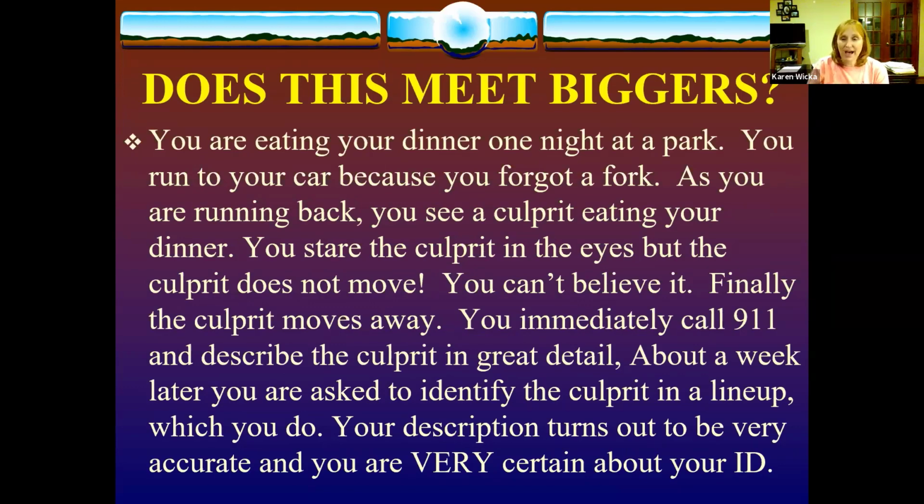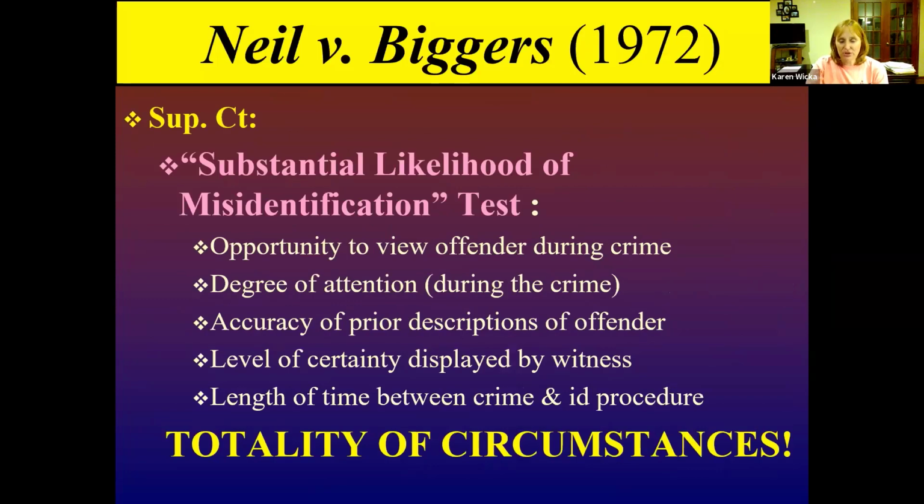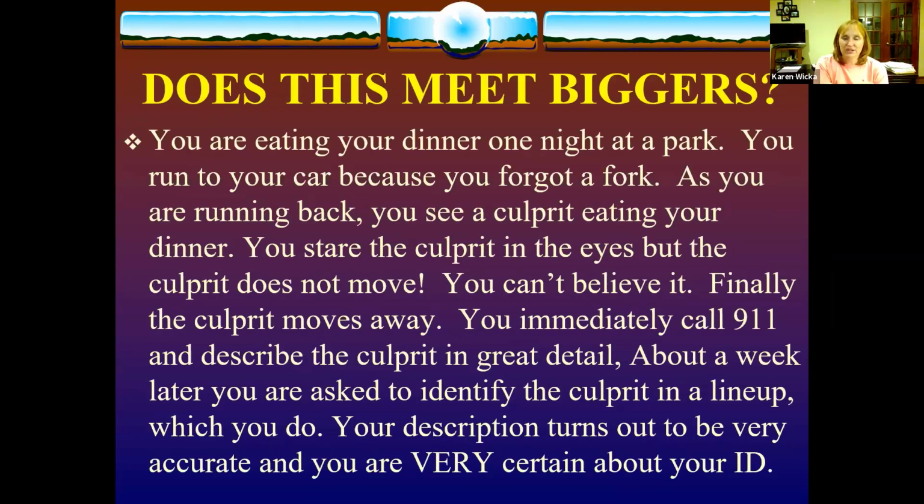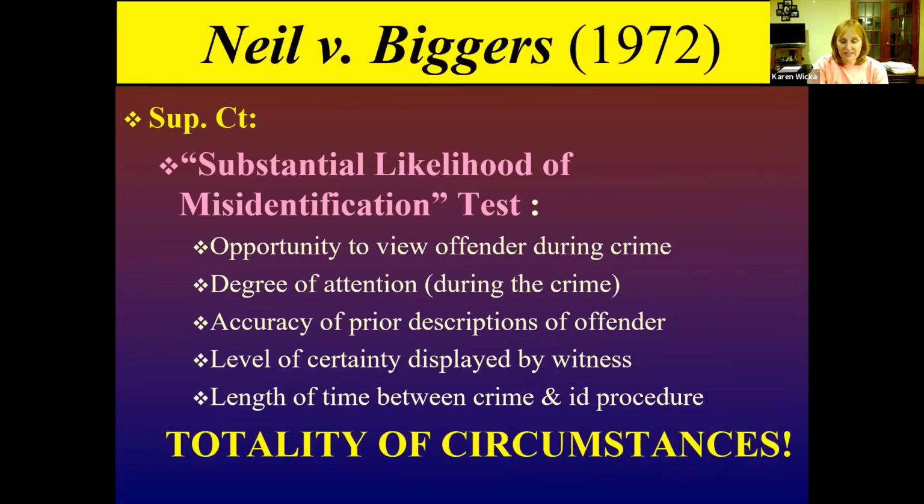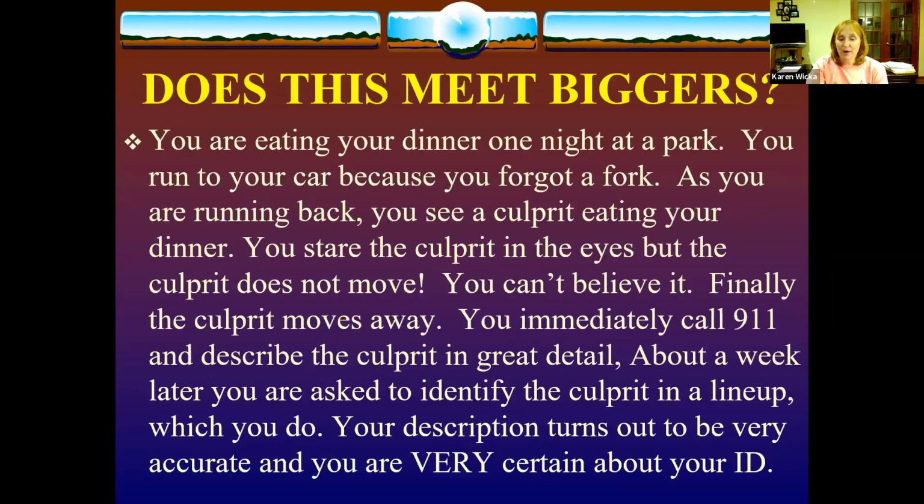High degree of attention. How accurate was my description? Spot on. What I described was exactly what the person looked like. I was very certain, and it was only about a week. So you would do an assessment of that, and you'd say, very, very reliable, right? So as a judge, you'd say, very reliable.